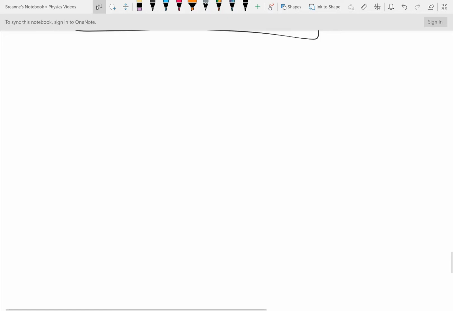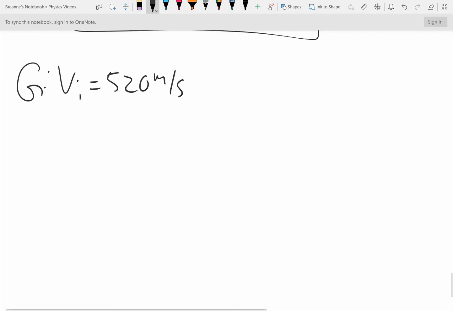So our last problem is exactly like the first one. A spaceship is traveling above the Earth at 520 meters per second when it must decelerate to enter the Earth's atmosphere. So a given, we have initial velocity, which is 520 meters per second.